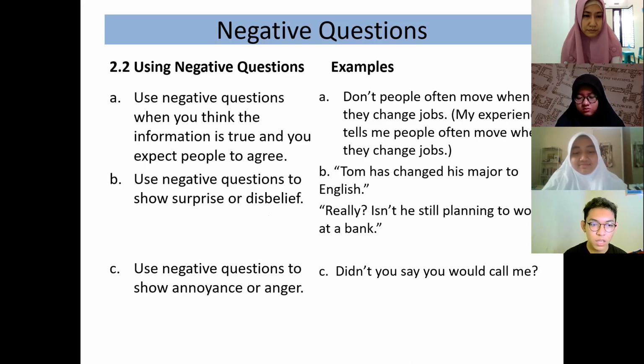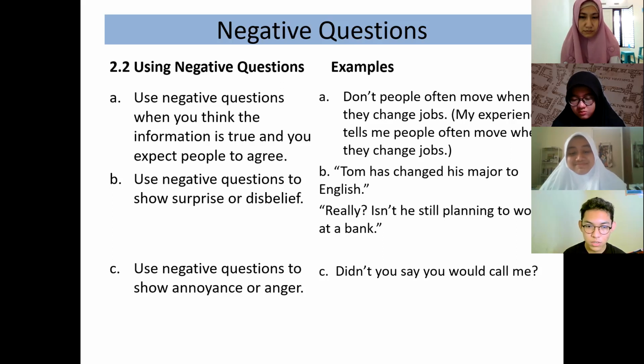B. Use negative questions to show surprise or disbelief. Example: Tom has changed his major to English. Really? Isn't he still planning to work at a bank? C. Use negative questions to show annoyance or anger. Example: Didn't you say you would call me?